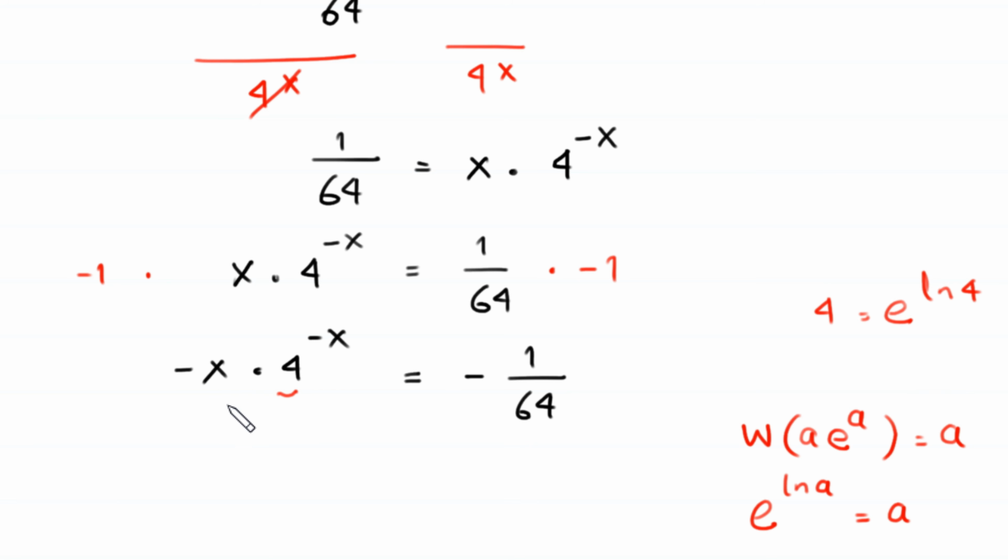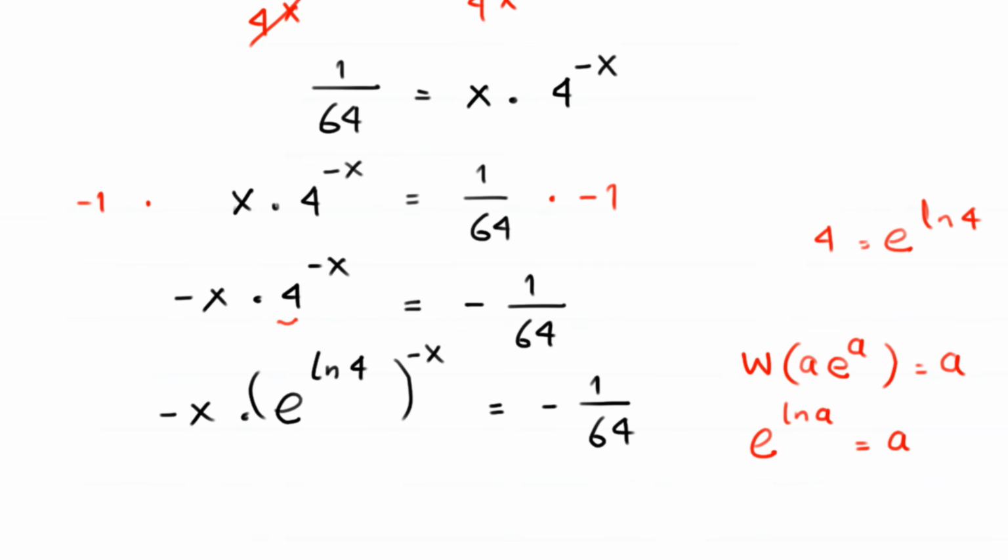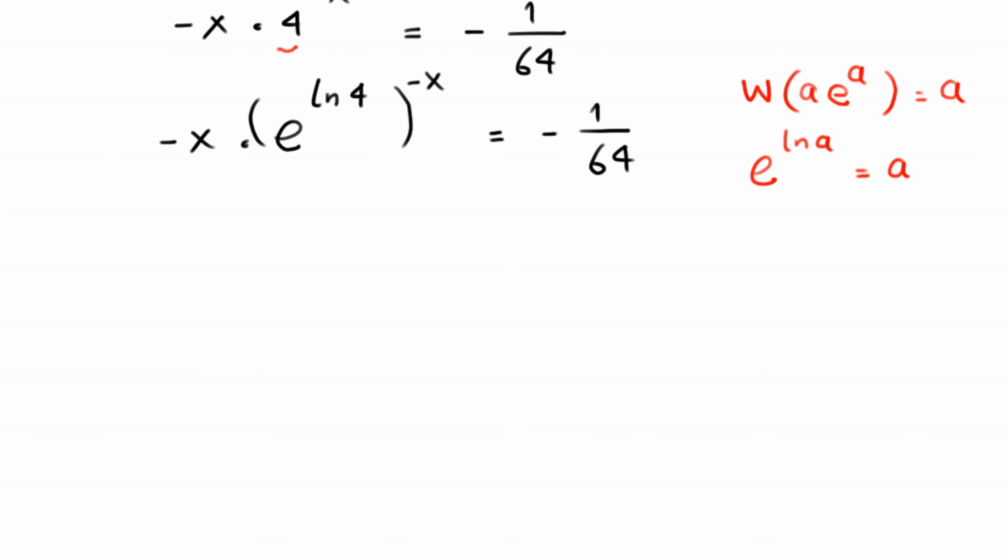So this will become negative x times e to the power ln of 4 whole to the power this power negative x equal to negative 1 over 64. Next, negative x times this will become e to the power negative x times ln of 4 equal to negative 1 over 64.